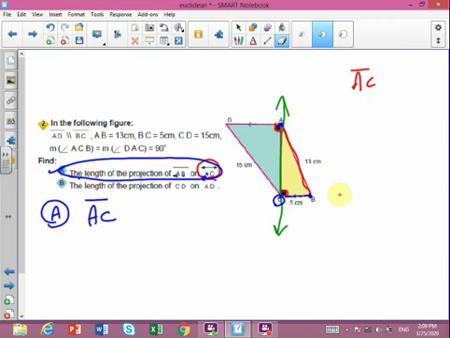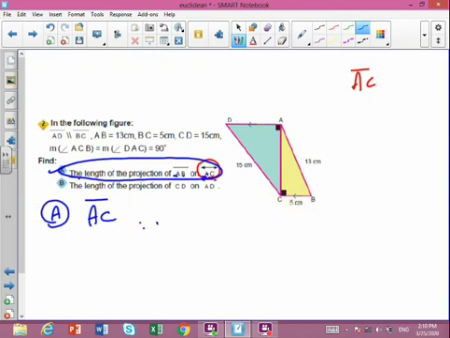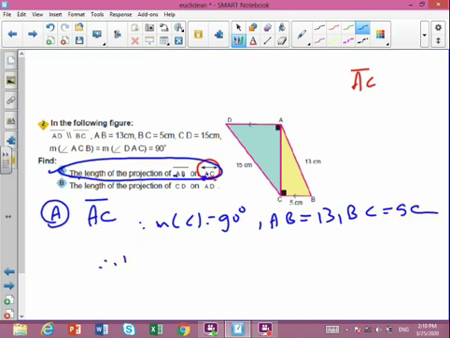Very easy to get AC now. I want to get AC. Right angled triangle, I have AB 13, BC 5. So, since measure of angle C equals 90, AB equals 13, BC equals 5, by applying Pythagoras theorem, AC square equals the hypotenuse square minus the square of the other side.